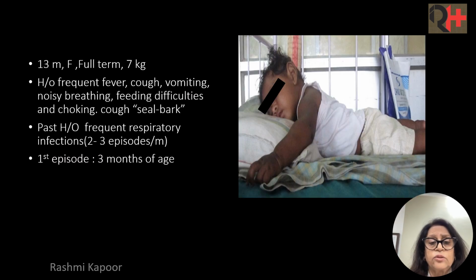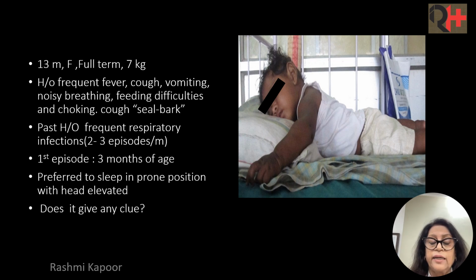Another 13-month-old male child, full term, 7 kg, with a history of frequent cough, vomiting, noisy breathing, feeding difficulties, and a cough like the bark of a seal. There was a history of recurrent respiratory infections. The first episode occurred at the age of 3 months. This child liked to sleep in the prone position and the stridor decreased in the prone position.